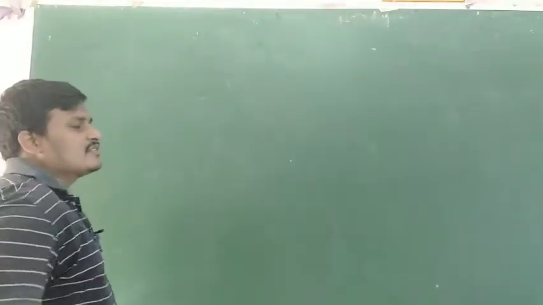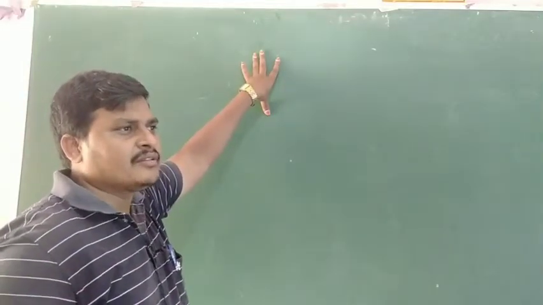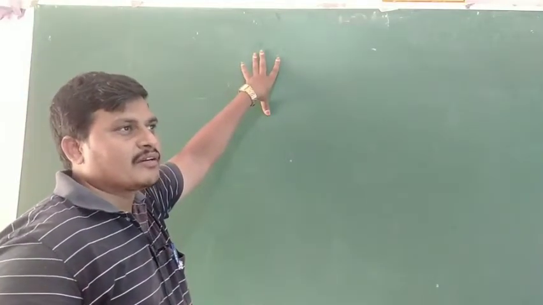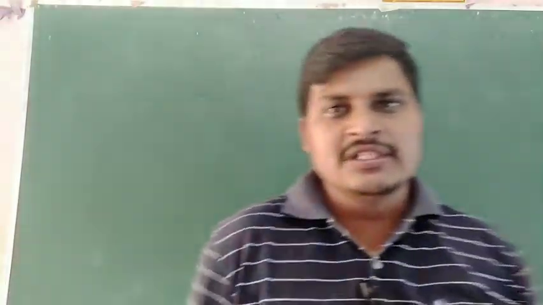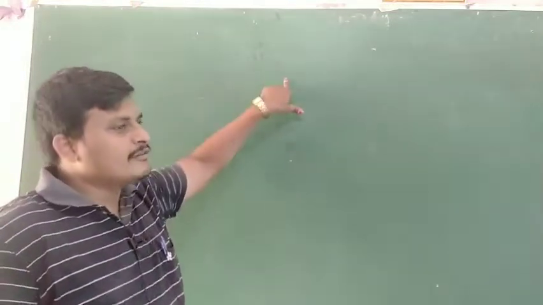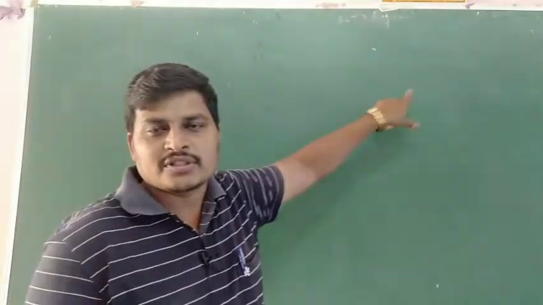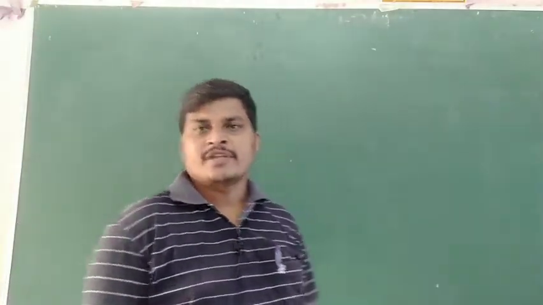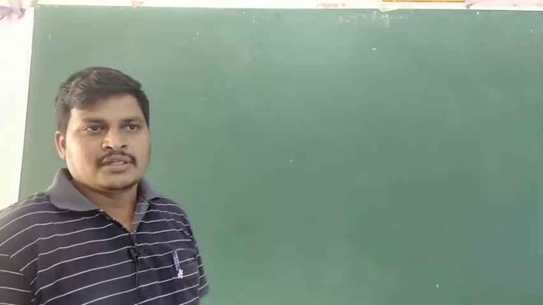For the second class exercise, the definition: algebra of continuous functions. What is the algebra of continuous functions? f is a function, g is a function. f and g are both continuous real functions.